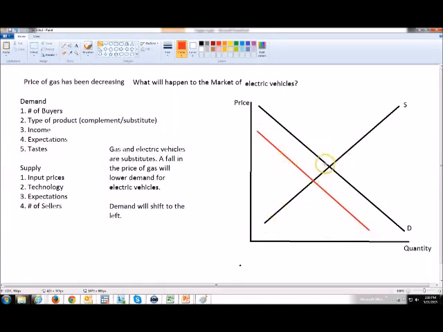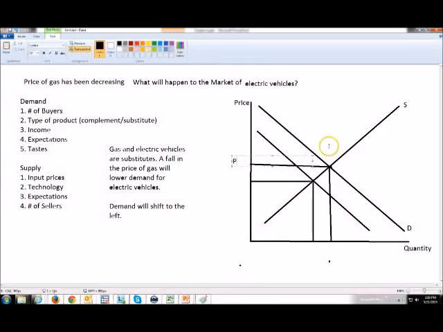If demand shifts, what happens to price? So let's say the initial price was, again, we name it, oh, why did that color change? Ah, it's okay. So we have this and this, and we have this and this. So initially the price was P0, now it fell to P1.